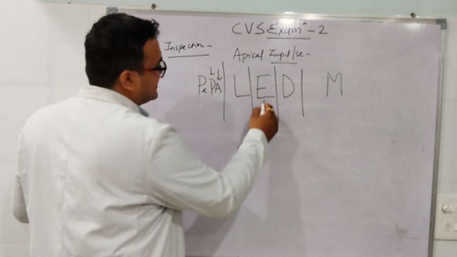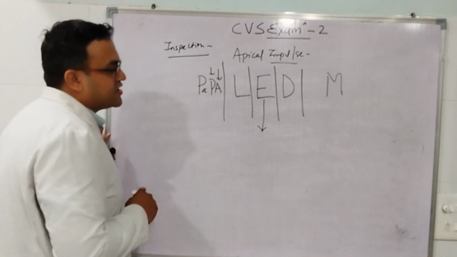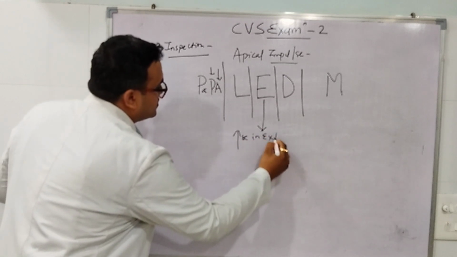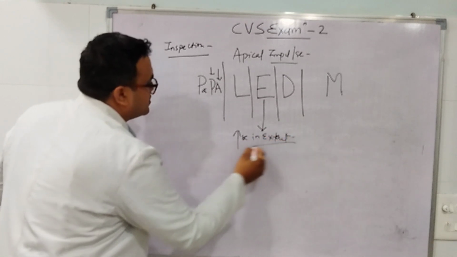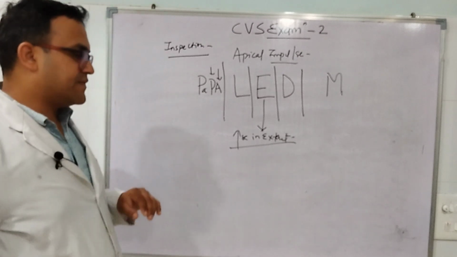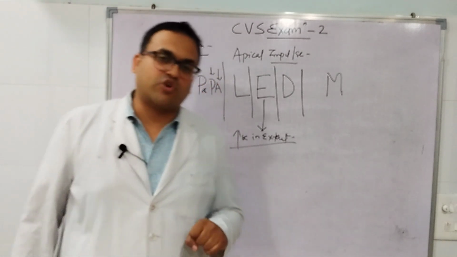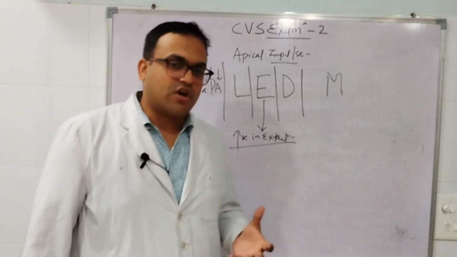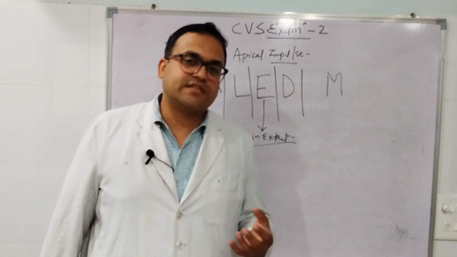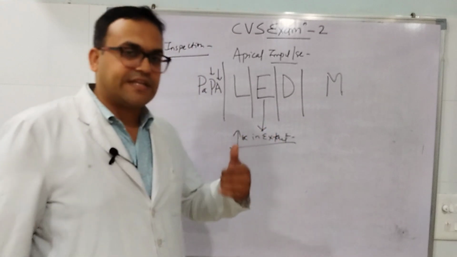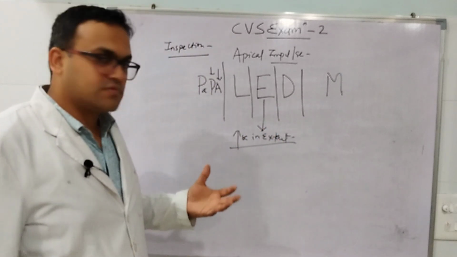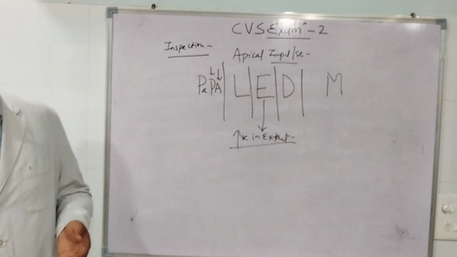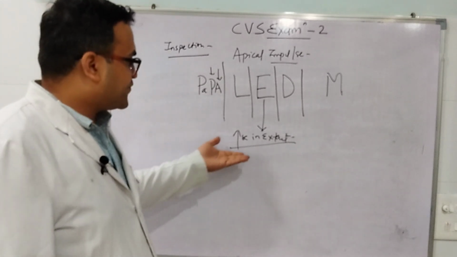What can cause an increase in extent? If the patient has a very thin chest wall, then we can see this thrust or apical impulse over a larger area than normal.